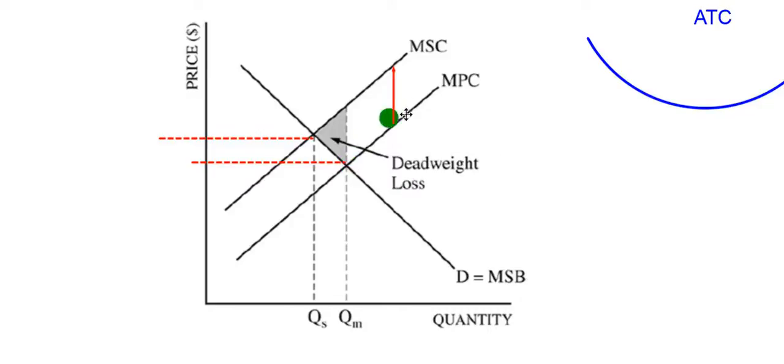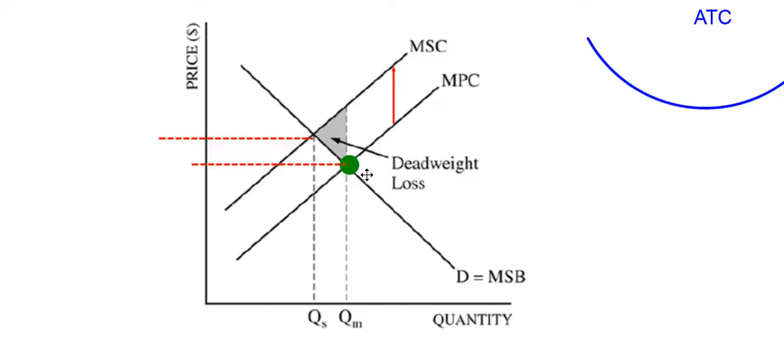So if this is the social cost right here, then our deadweight loss is going to be this triangle in between the two quantities below the marginal social cost curve and above the demand or marginal social benefit curve.